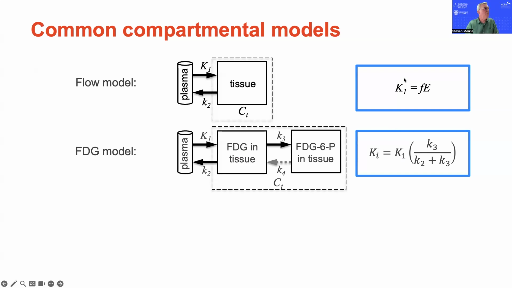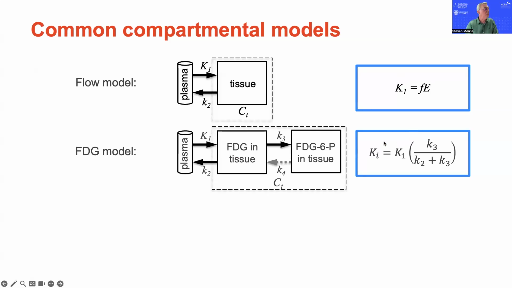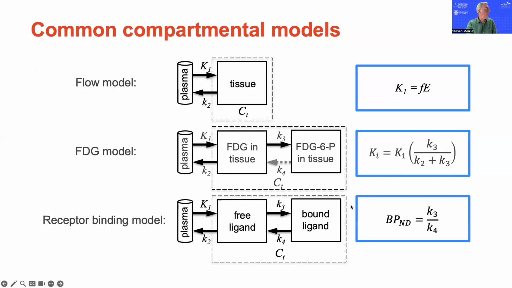And these are the key operational, or if you like, the key parameters on the right-hand side in the blue boxes here. So in the first case, we're mostly interested in K1, which gives us the flow. This is blood flow, this F. In the second case, we're more interested in the influx, the net influx rate constant, this K sub I. I'll explain that in a little while.